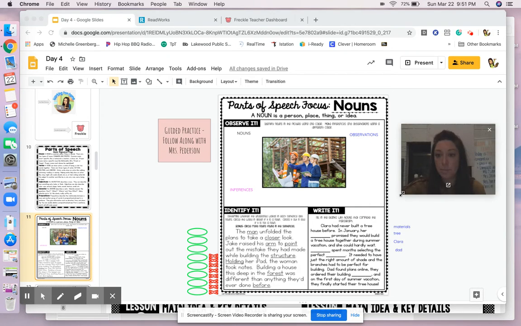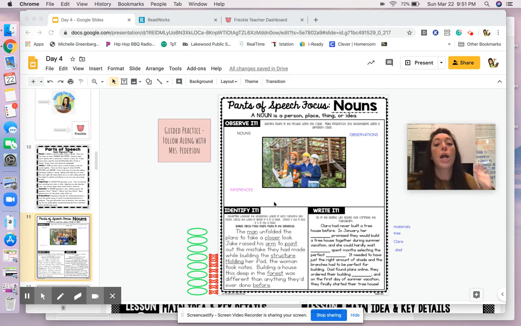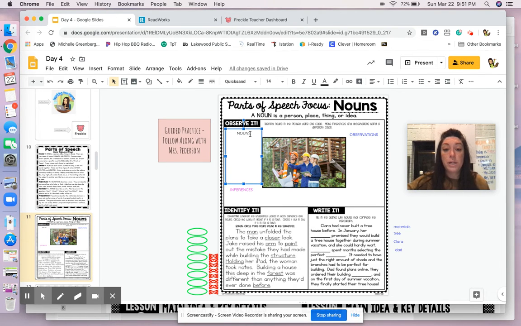I'll move myself up, make myself smaller. I know that you guys did this as independent practice last week, so we're going to do it together as guided practice. So remember, nouns: person, place, or thing. So I see men. Men is more than one. I see a woman. I see trees. I see an iPad.